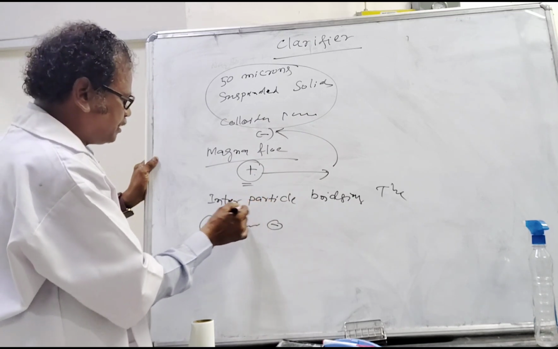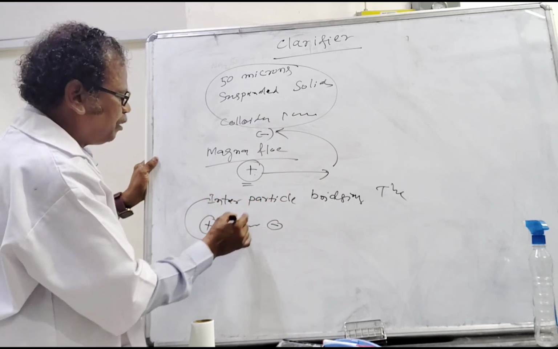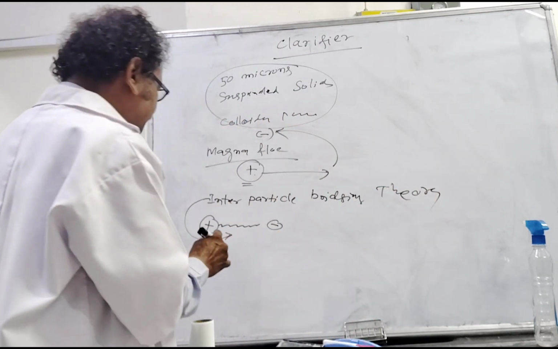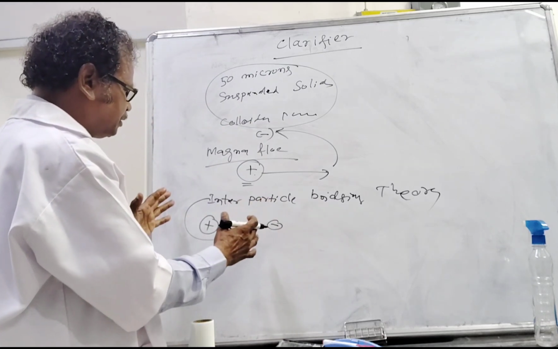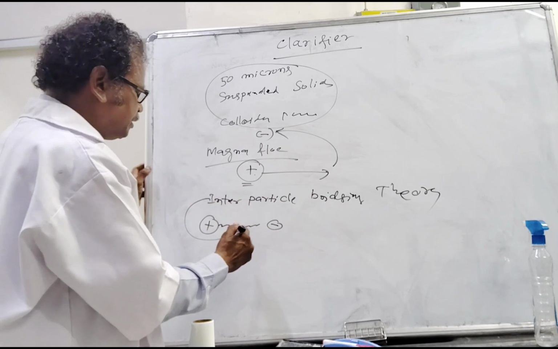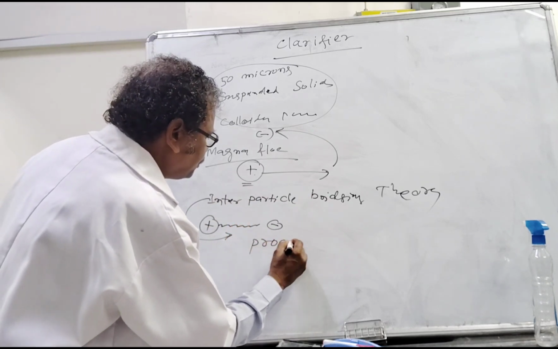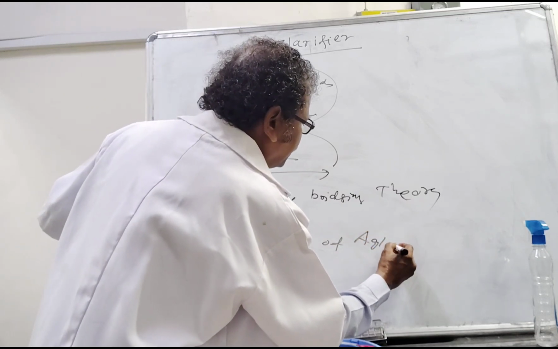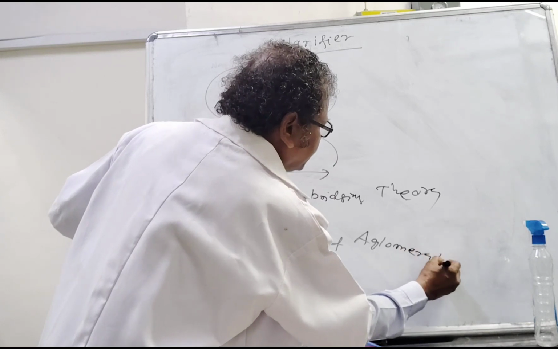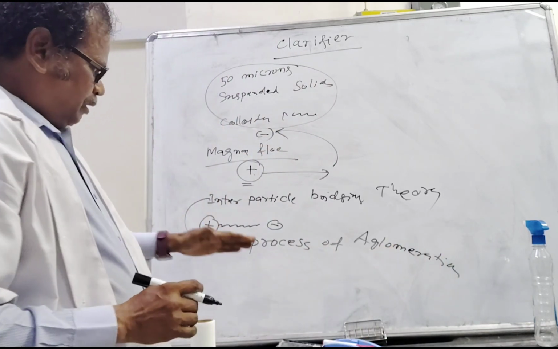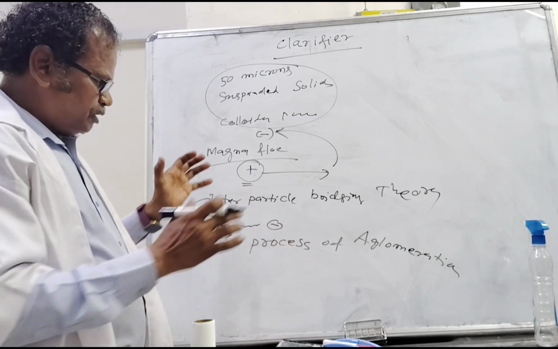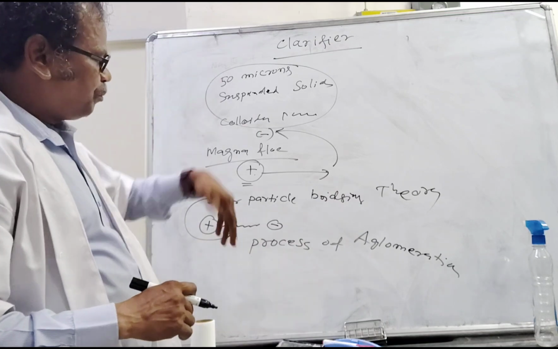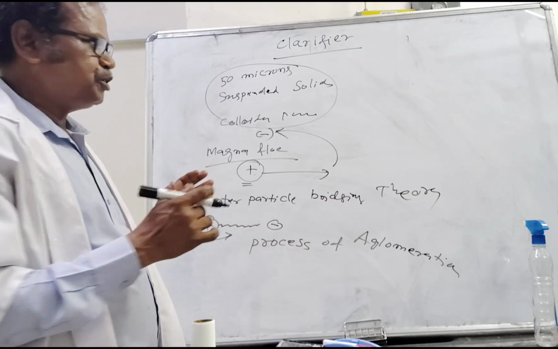And the total process is called agglomeration, which is collecting and making the particles heavy to settle down. The overall process is called the law of electroosmosis.